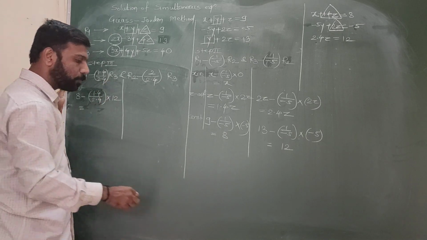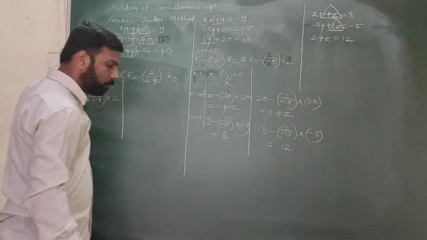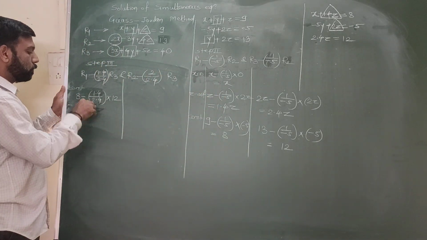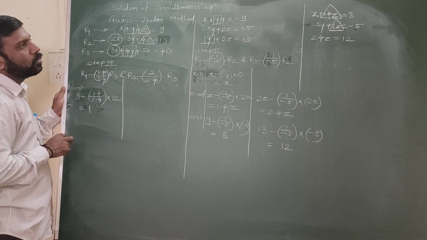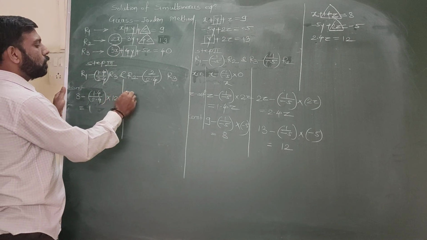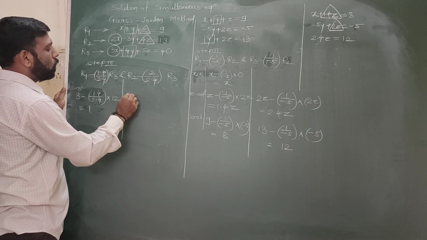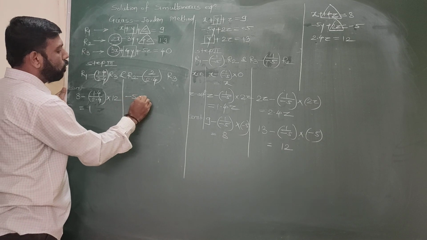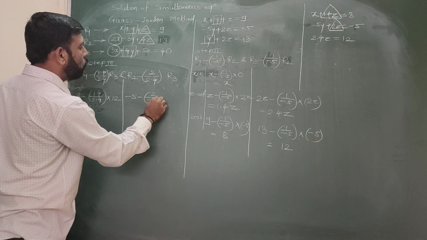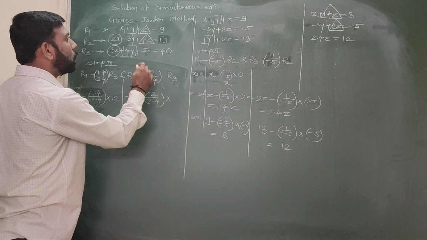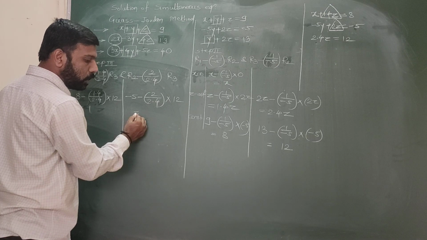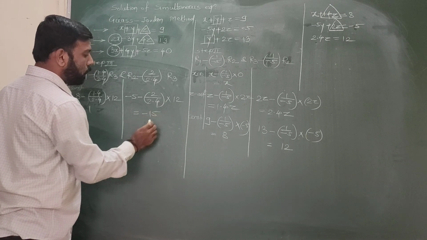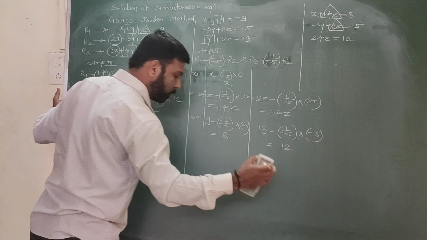The output is 1. Second equation, z becomes 0, minus 5y, and the constant: minus 5 minus 2 divided by 2.4 into its R3, that is 12. The output of the second equation is minus 15.